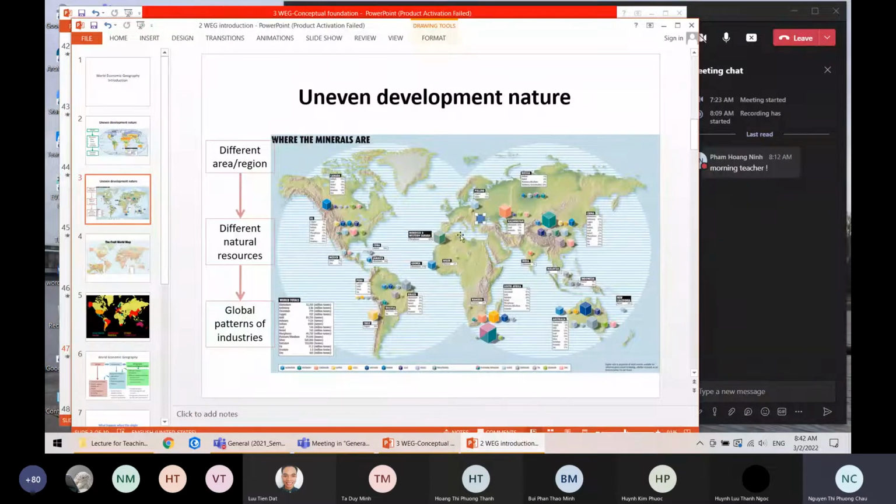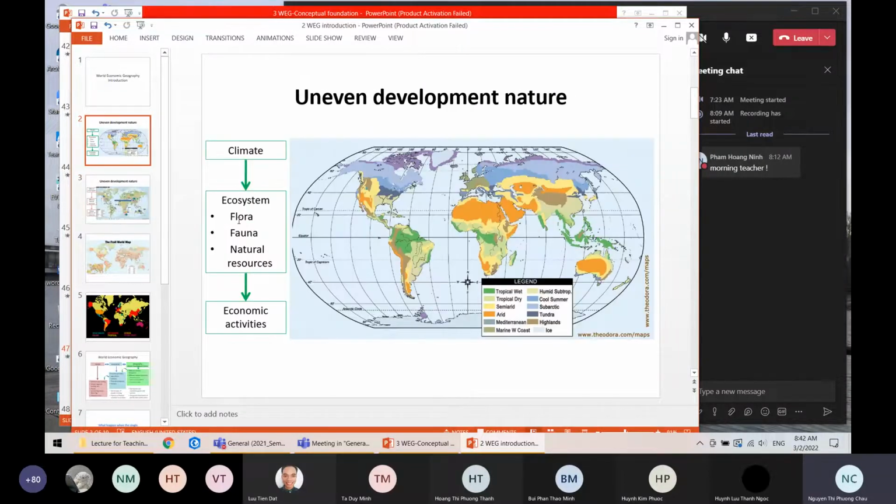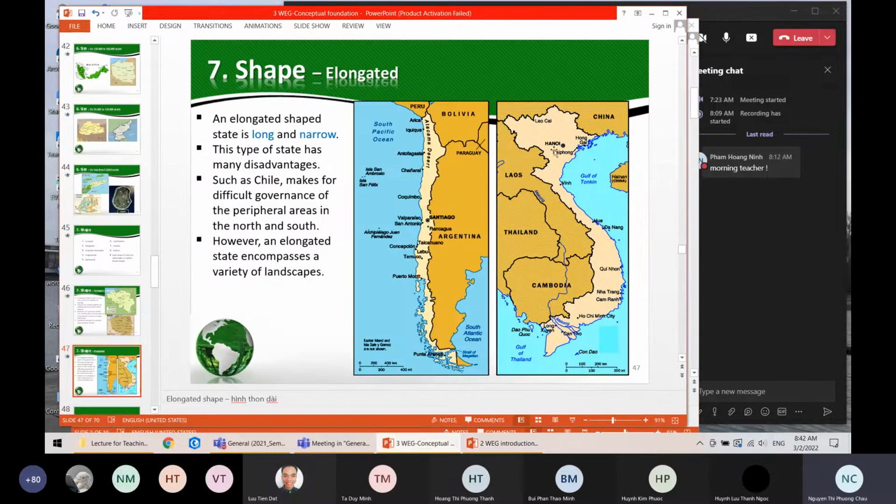It's like this, for example, long and narrow. If long and narrow, it may go through many or various climates, and it may have different ecosystems. Like Vietnam. You see, Vietnam is long and narrow. We have a cooler climate in the north.